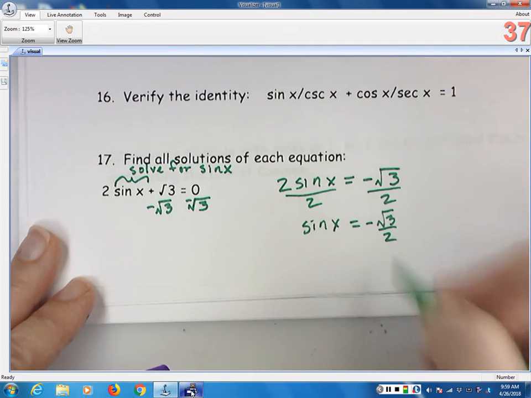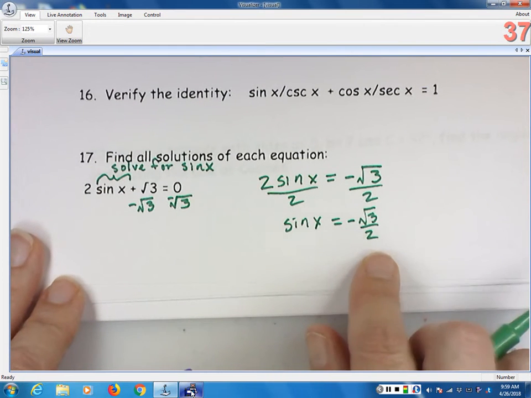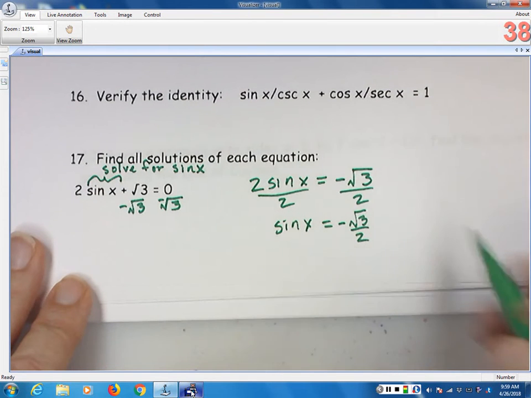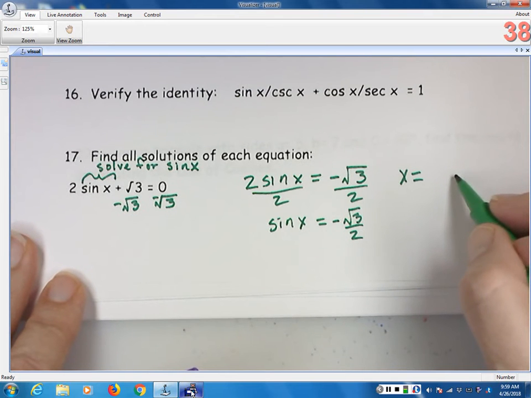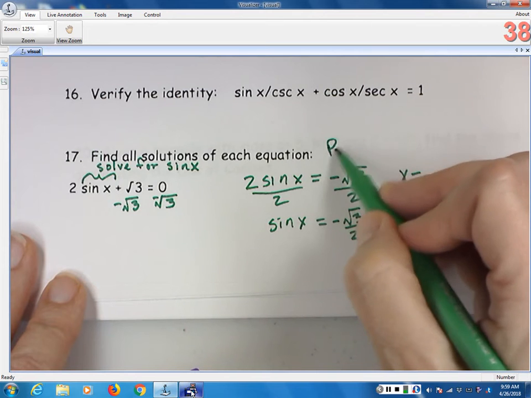You have your unit circle. See the 2 places where sine is negative square root of 3 over 2. And then you're going to write those 2 answers, but plus 2n pi, because the period of sine is 2 pi.